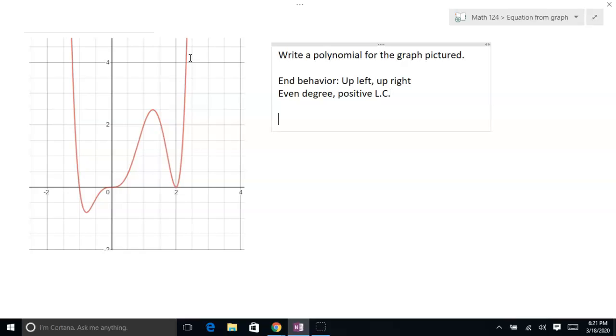Next, let's look at intercepts. What we need are x-intercepts so that we can make factors out of them. Here's my first x-intercept, or my leftmost x-intercept at -1, 0.